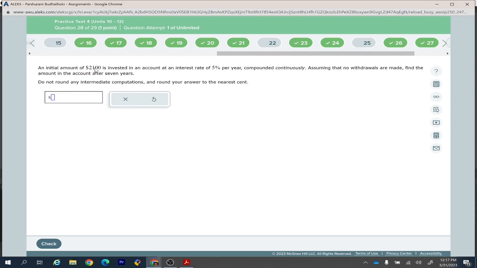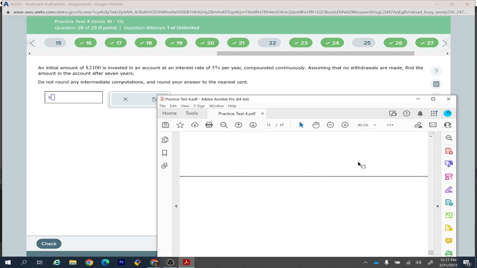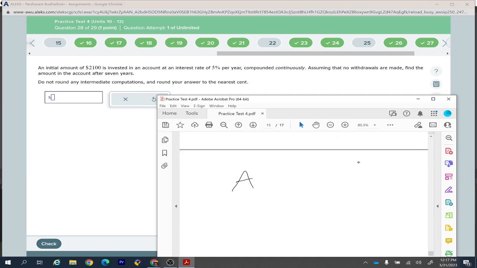An initial amount of 2,100 is invested in an account at an interest rate compounded continuously. So here, instead of using compounded n times a year, we need to use compounded continuously, which is A equals P times e to the power R times T. The initial amount P is given, rate is given, and time is 7 years.